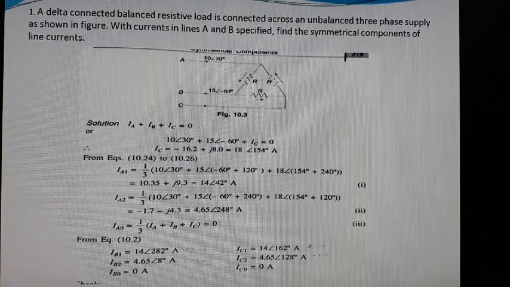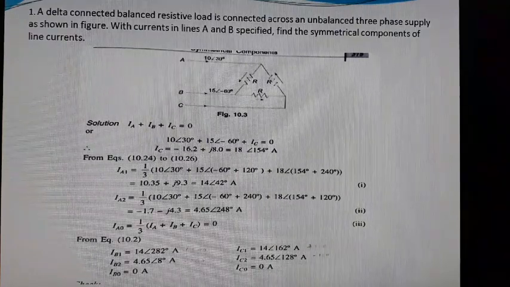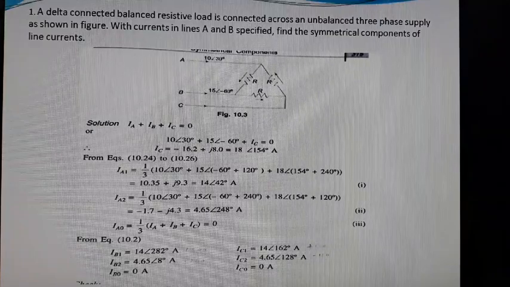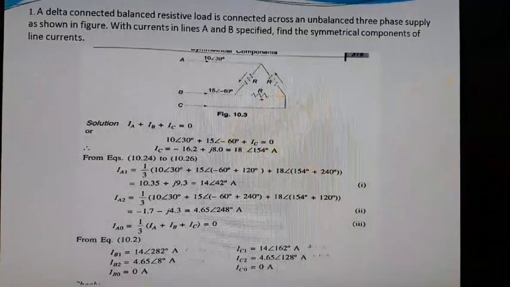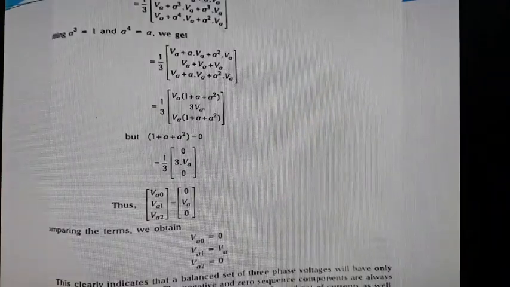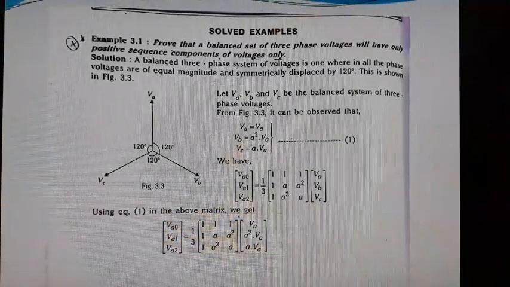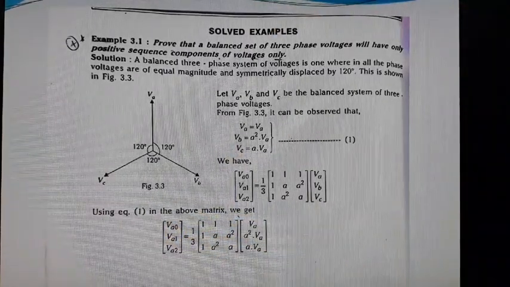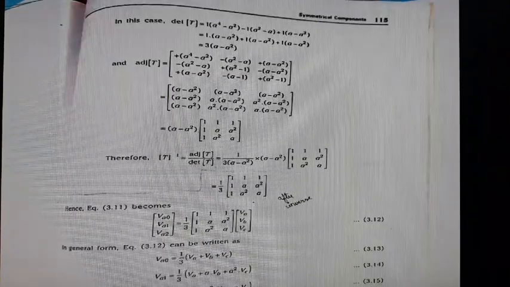Now, as we know, how to find IA1? Suppose IA, IB, IC are the line currents. Now we can find the symmetrical components of the line currents. What is the relation? IA0. The same relations we derived for voltages hold good for currents also.